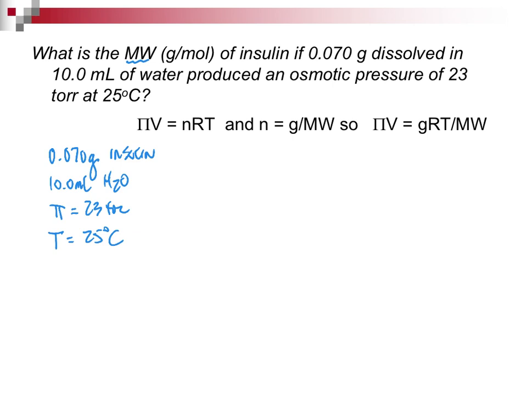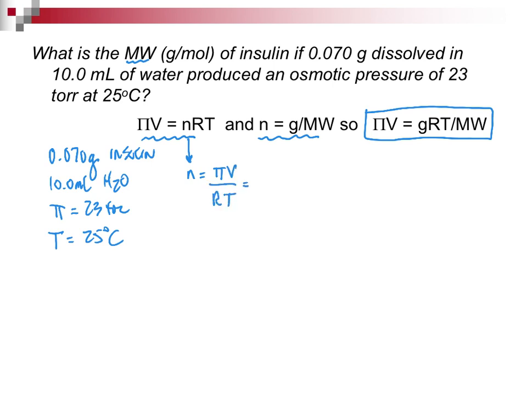Well, remember we said it's going to follow along with the ideal gas law. So when we're doing this type of problem, we would take the ideal gas law and put it into this form. Since I want to find the molecular weight, what I can do is do it in steps. I said, well, what if I want to find my number of moles? That would be pi V divided by RT.